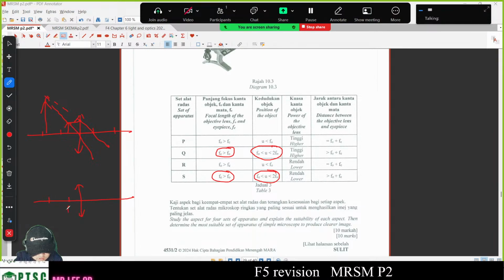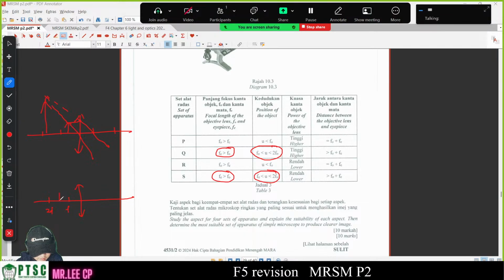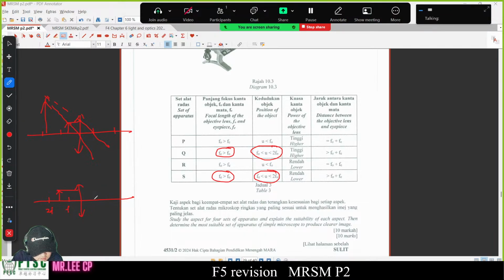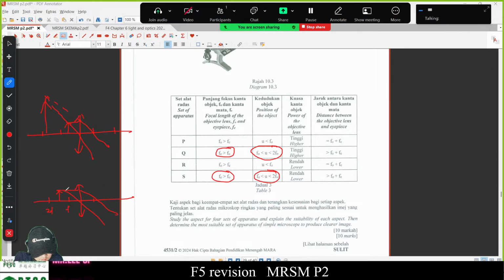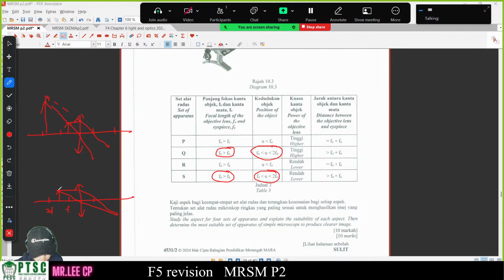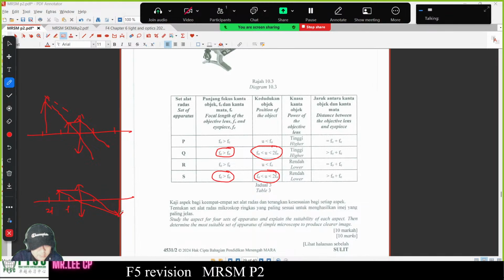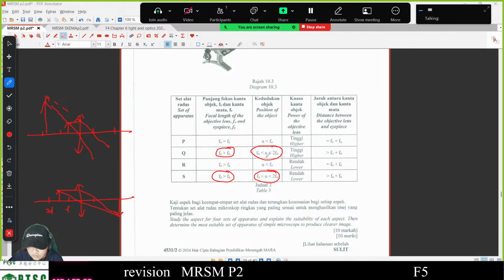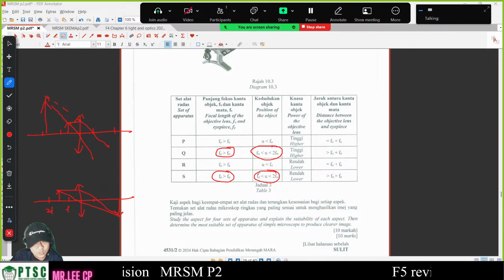So this is F, this is 2F, so it must be in between here. So the image will form here. So it must be in between F and 2F, right?